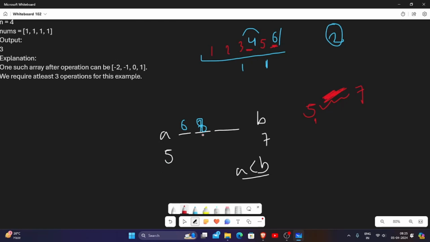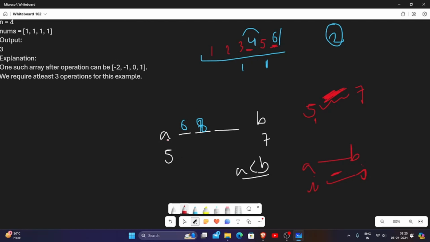But in the 5 and 7 case, I do not have enough values to accommodate between them. So we can check when we can consider some index I to be followed by J. I can only have index I followed by J if I have enough elements to accommodate between them.